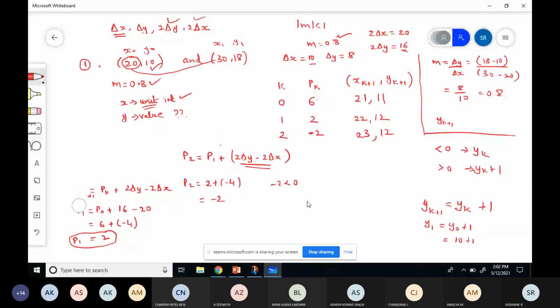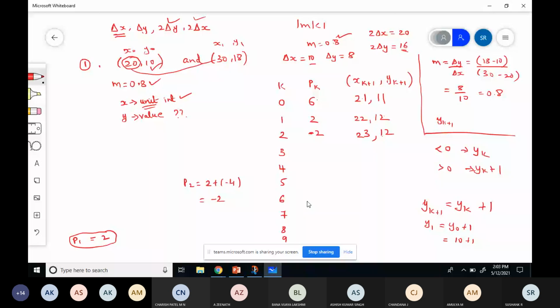So now you have calculated P0, P1, P2. Now I will calculate P3. This step has to be repeated till you reach the point 30, because delta x minus 1 times, so total it should be 10 times. So 3 steps are there like this: 3, 4, 5, 6, 7, 8, 9 times you have to repeat.